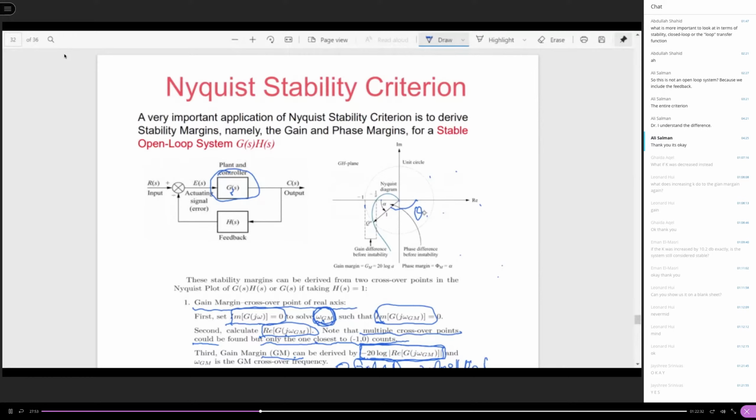If you add a delta t larger than 0 here, then the rotation is gonna happen like this. This point is gonna move to here, going this way, counterclockwise. So this crossover point is gonna stay away from the -1, 0 point, away and away. So your system will be stable.